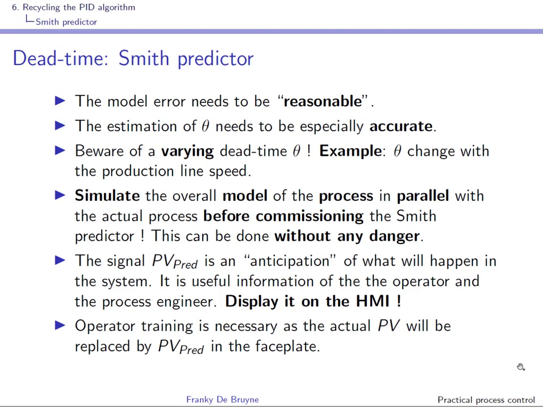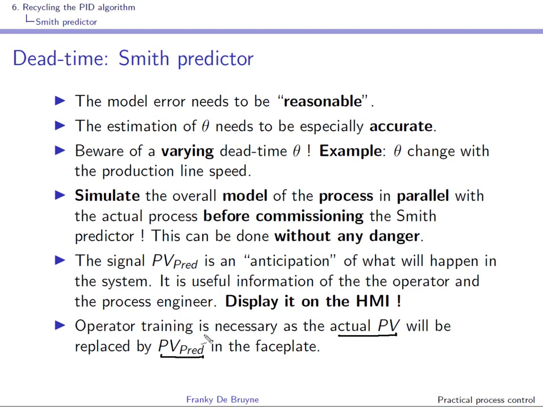When commissioning a Smith predictor, it is very important to associate this commissioning with operator training, so that the operators know that what we will see on their faceplate of the PI controller is the predicted PV and not the actual PV. They have to understand the difference.